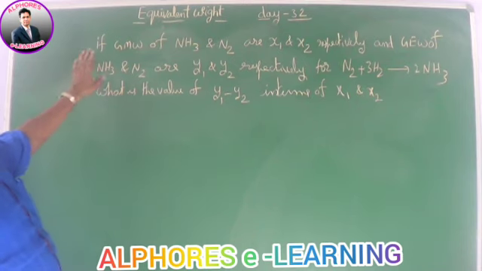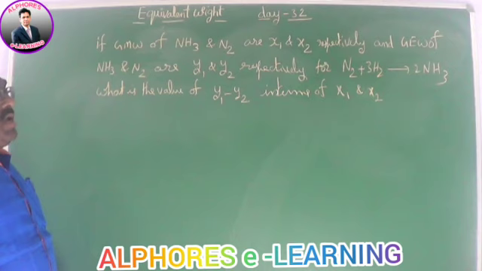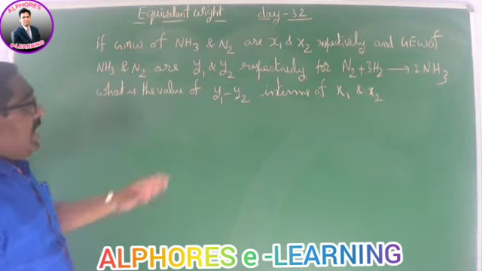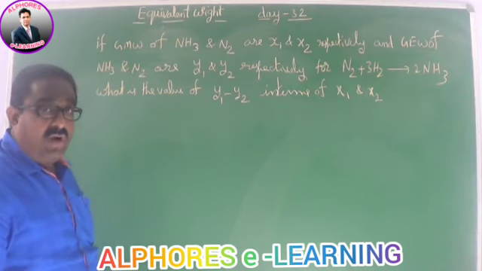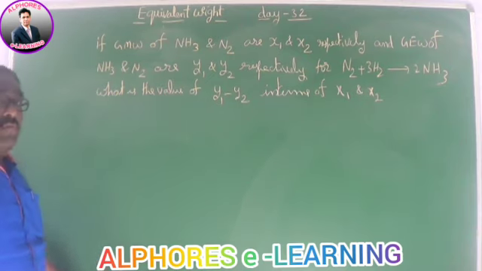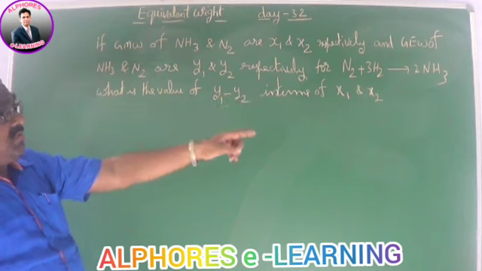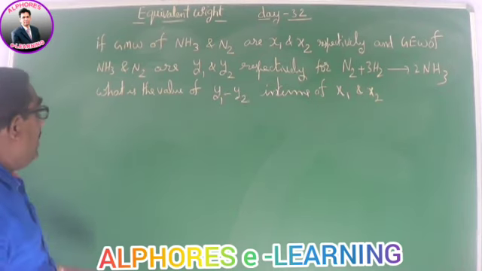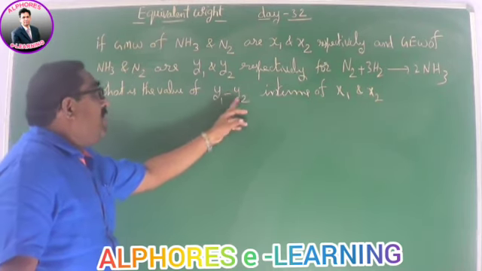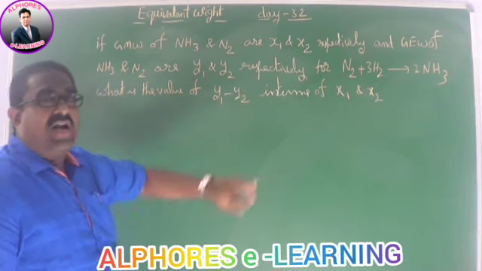I am repeating the data. Please write down, friends. If the molar masses of ammonia and nitrogen are X1 and X2 respectively, and the gram equivalent weights of ammonia and nitrogen are Y1 and Y2 respectively, for the reaction N2 plus 3H2 gives rise to 2NH3, you should find the value of Y1 minus Y2, in terms of X1 and X2.